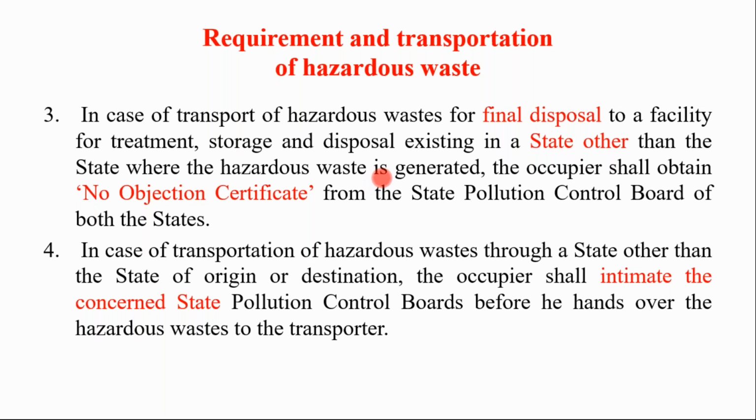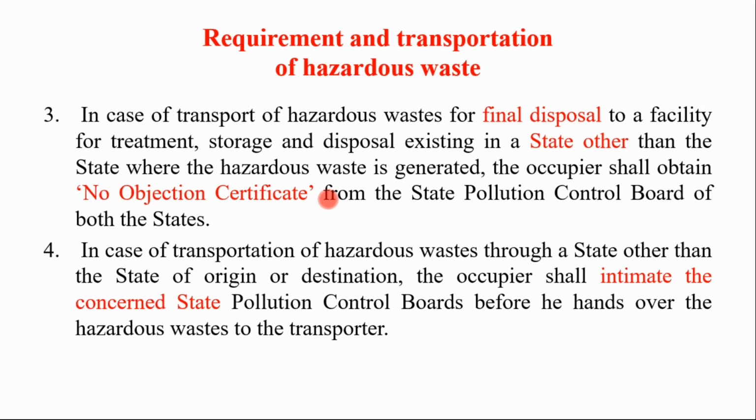Suppose the hazardous waste is generated in Maharashtra and they are going to transport this hazardous waste to a Gujarat facility for the final disposal, then you have to obtain an NOC, that is a no objection certificate, from the State Pollution Control Board of both states. That is, in this example, from the Maharashtra Pollution Control Board and from the Gujarat State Pollution Control Board. So you have to obtain these NOCs from both states.